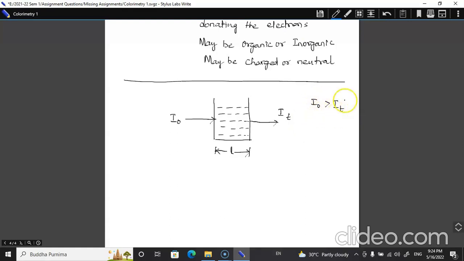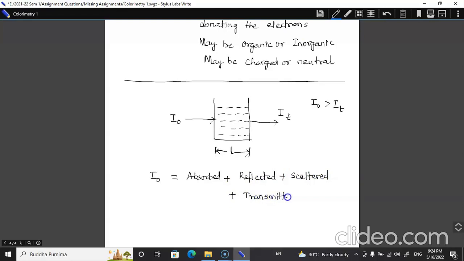But what happened to the difference of the intensities? Whenever light of intensity I0 is incident on it, a part of the light is absorbed, a part is reflected, a part is scattered, and finally a part is transmitted.